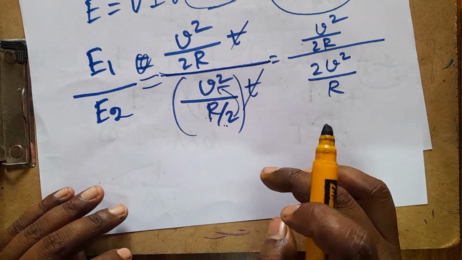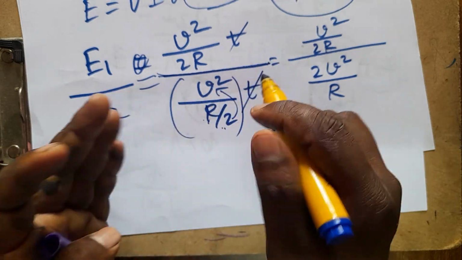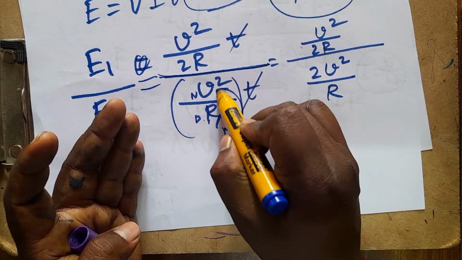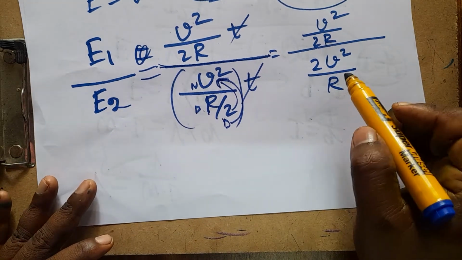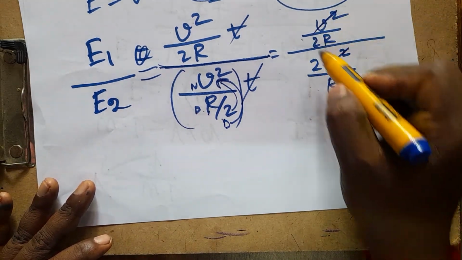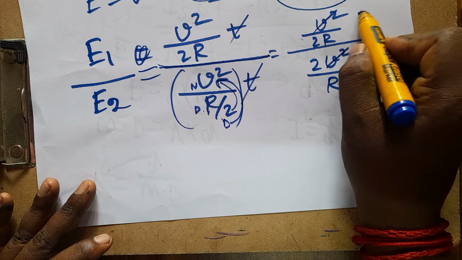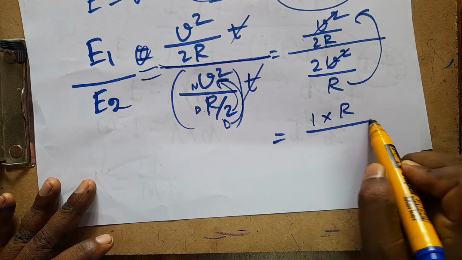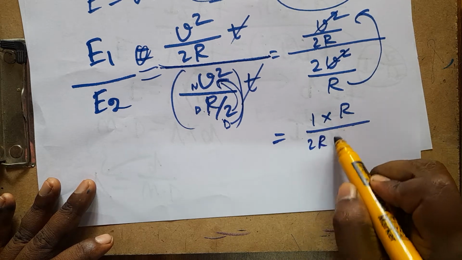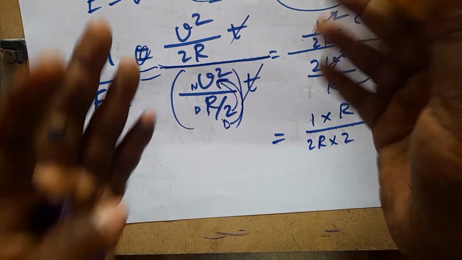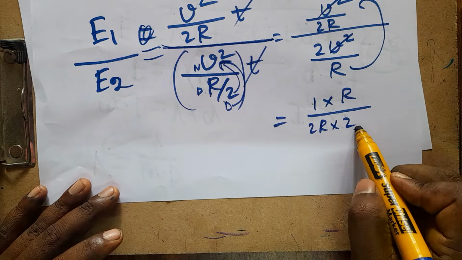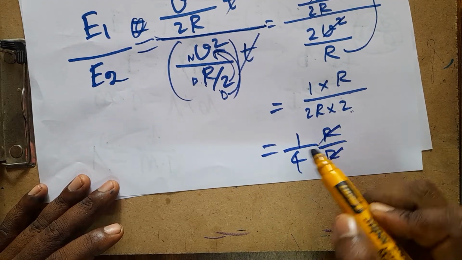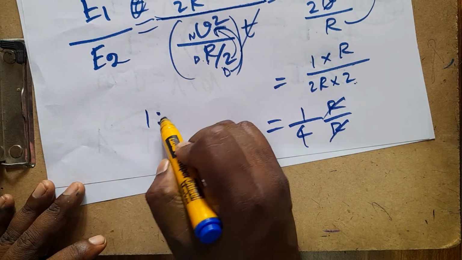Then V square gets cancelled, the denominator again goes to the numerator, so 1 into R divided by 2R into 2. Just a modification I did. 2 into 2 is 4, so 1 by 4, R gets cancelled. The ratio will be 1:4.